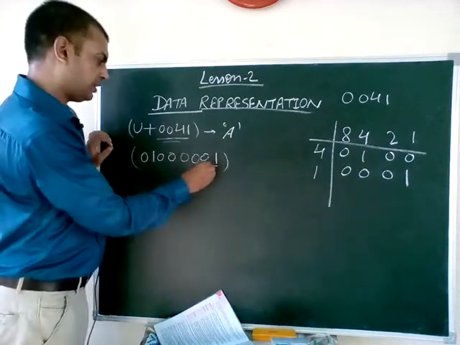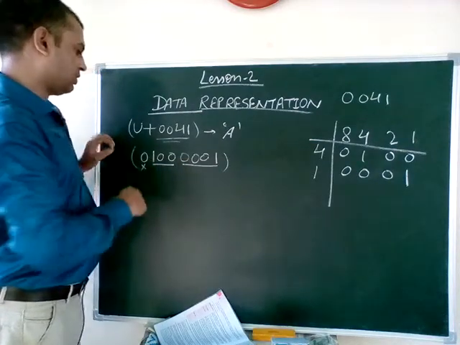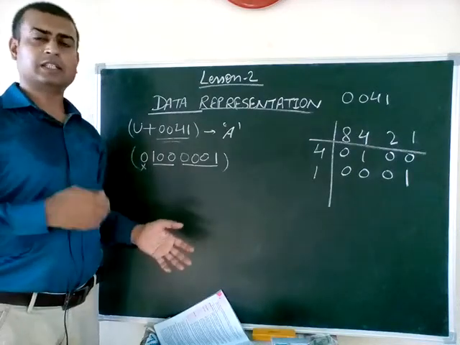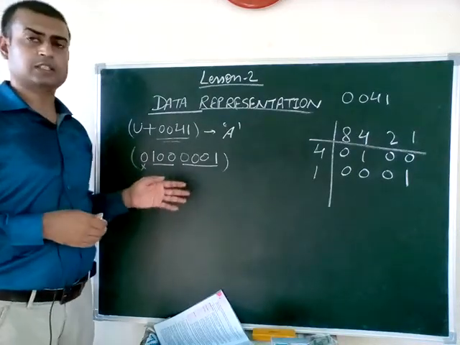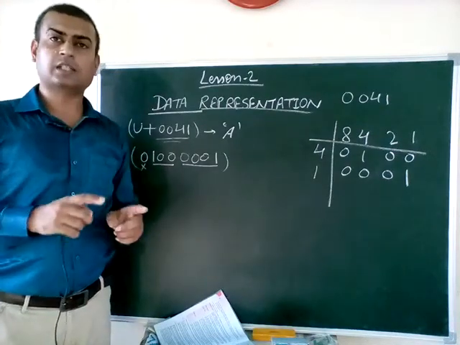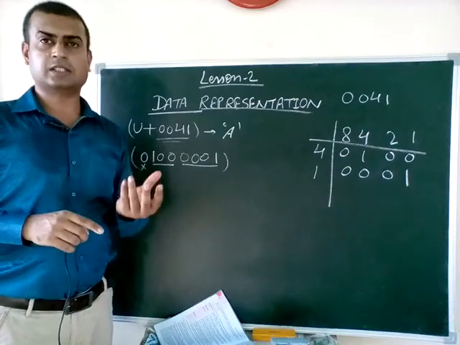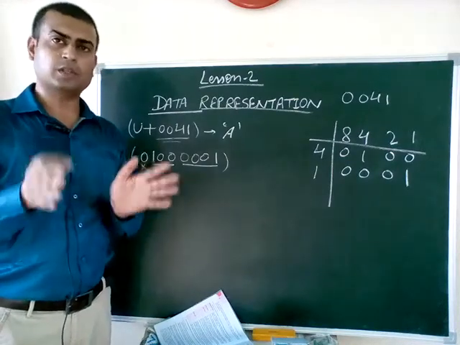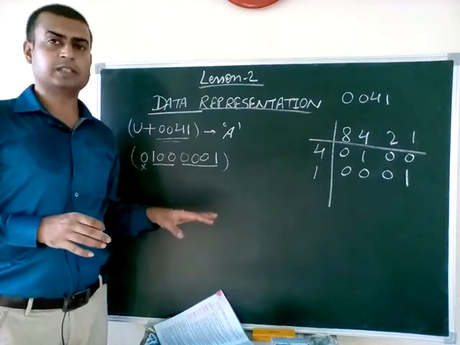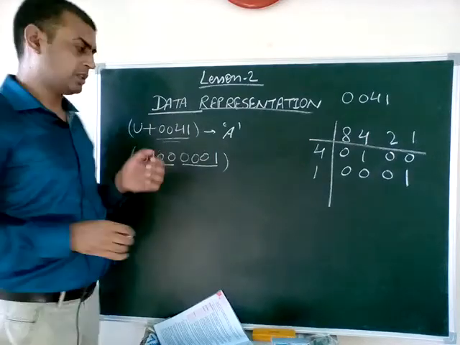This leading 0 I am going to remove, because a 0 at the beginning will not change the value. And one more thing: in the first octet we have 8 blocks, and 1 is fixed, so we have only 7 blocks for 7 digits.